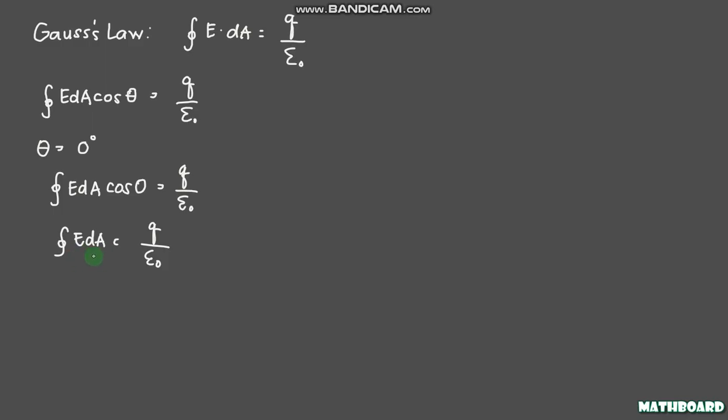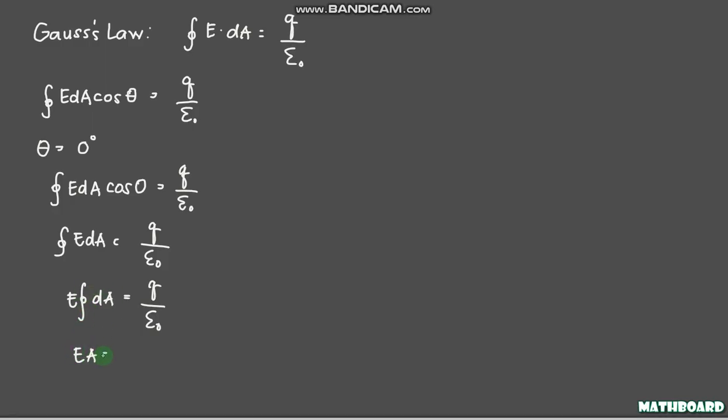Then we are going to integrate over A, so we can now isolate the electric field E. So E times the integral of dA equals Q over epsilon sub 0. The integral of dA is just A, so we have EA is equal to Q over epsilon sub 0. Now, what we are going to consider here is a Gaussian surface, and to make the computation easier, we'll consider a sphere as the Gaussian surface.